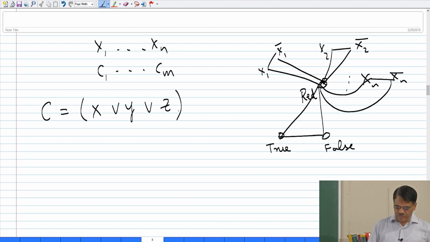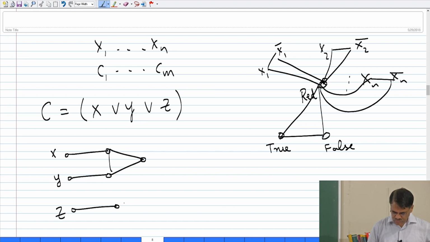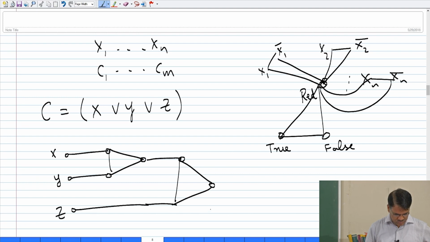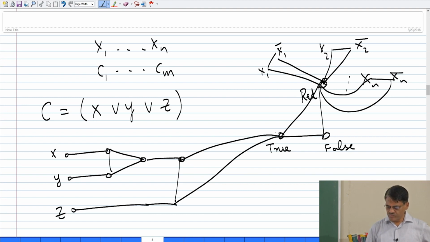My graph construction will look like this, for every such clause.